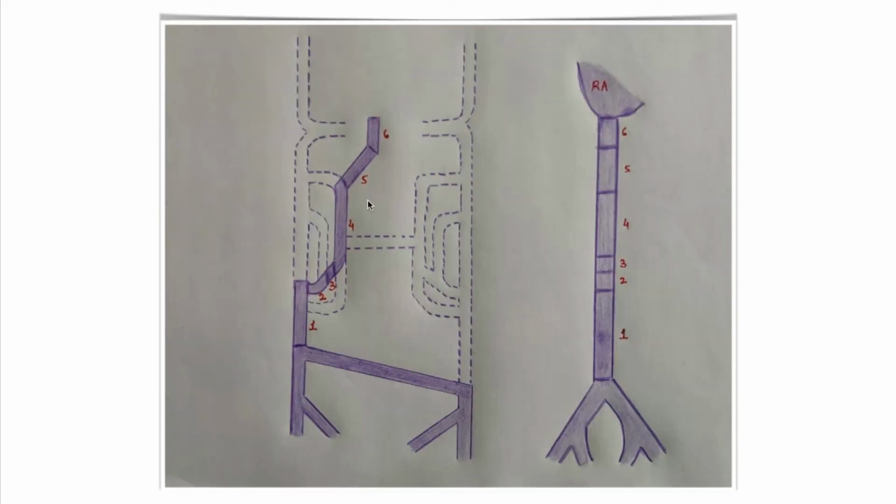Let's see in this diagram. So the definitive inferior vena cava develops from 6 sources. You can see the numbers written. Number 1 is a portion of the right posterior cardinal vein. Then number 2 is a portion of the right supracardinal vein. Number 3 is the anastomosis between the right supracardinal vein and right subcardinal vein.